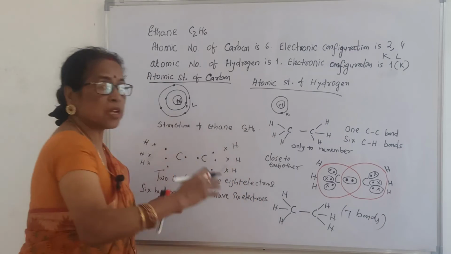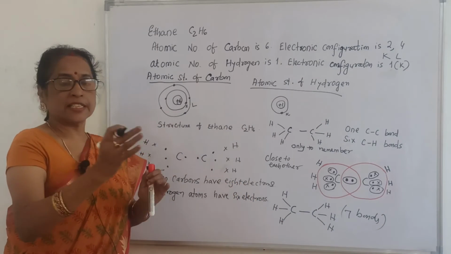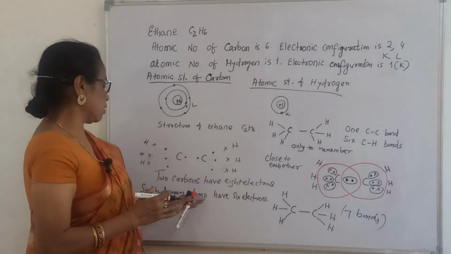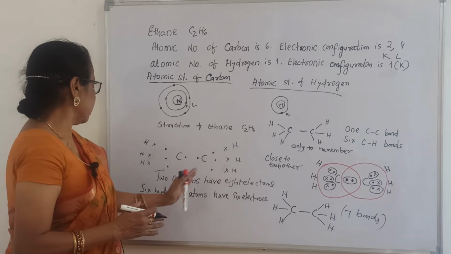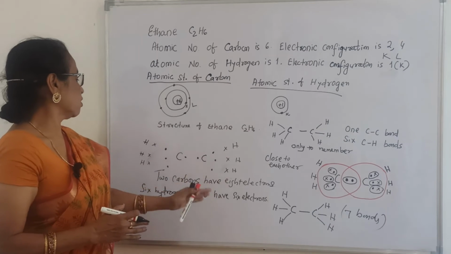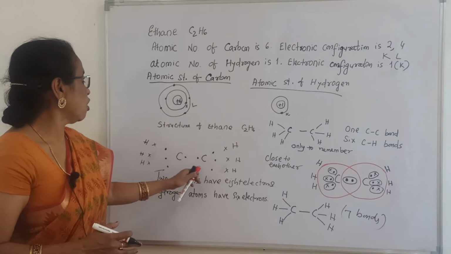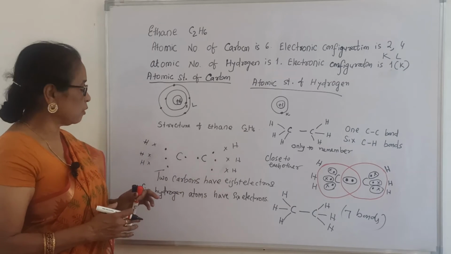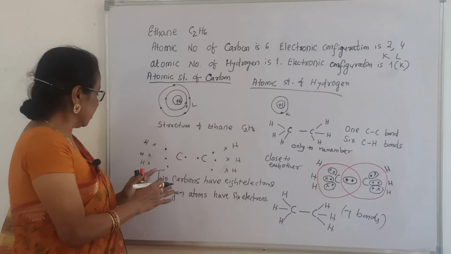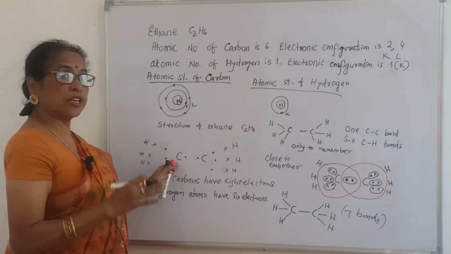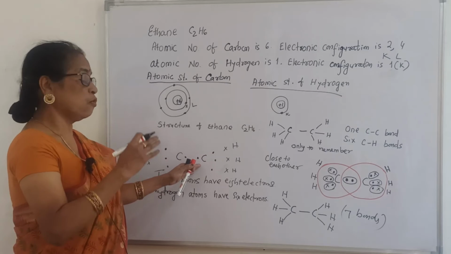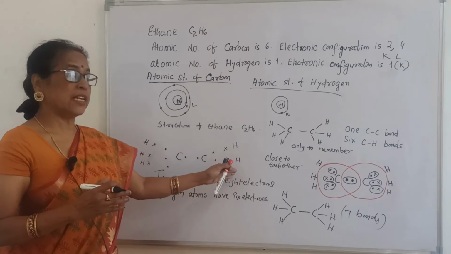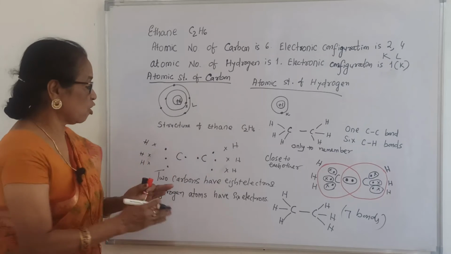Now here 7 bonds. Out of 7 bonds, 1 is C-C and the other 6 are C-H bonds. So 6 hydrogen atoms have 6 electrons, and 2 carbons have 8 electrons, because here you can see the dots, that one is for carbon and the cross is for hydrogen. There are 4 electrons surrounding this carbon and 3 hydrogens represent their electrons.